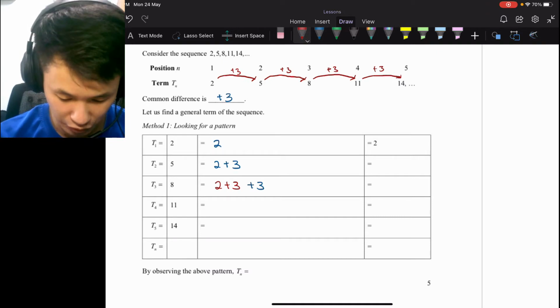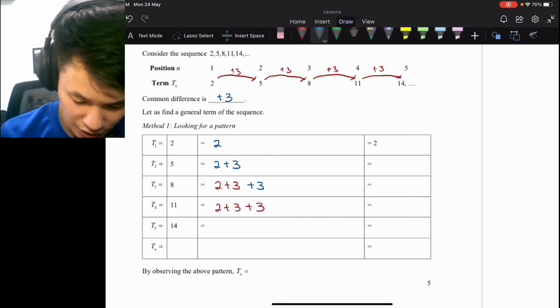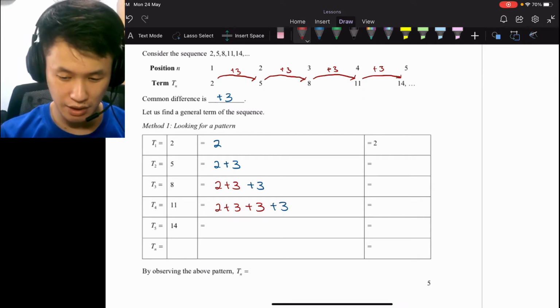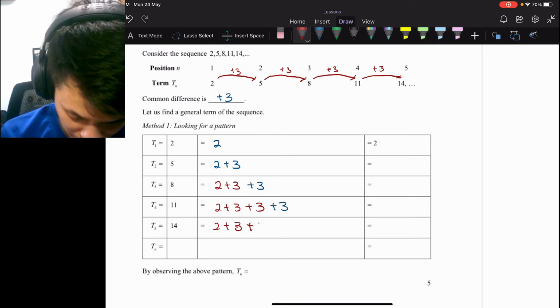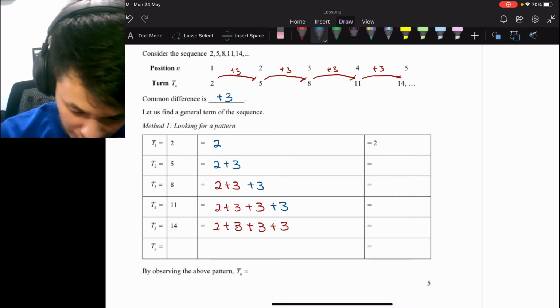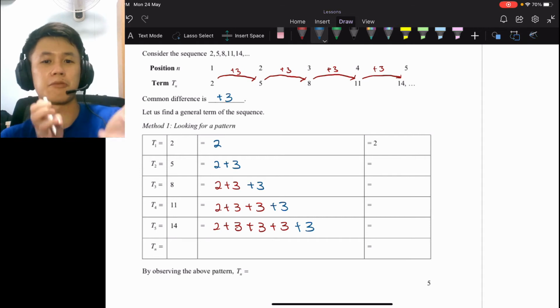I do the same for the fourth term, adding 3 to the previous term. Do you begin to see a certain pattern here? You're consistently adding 3, and the 3's that you added previously remain.